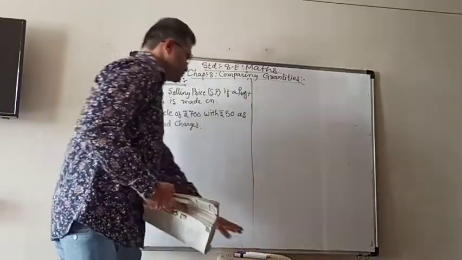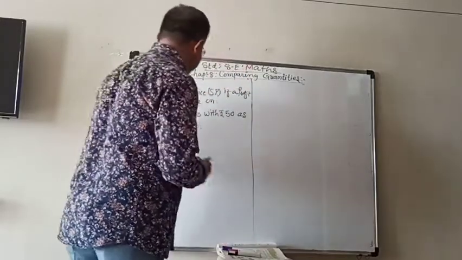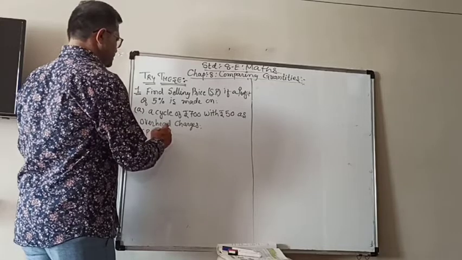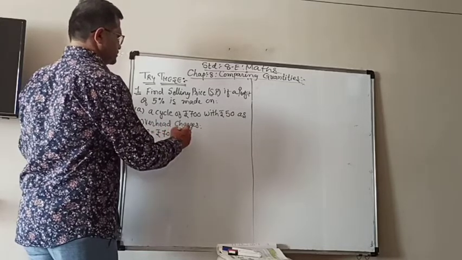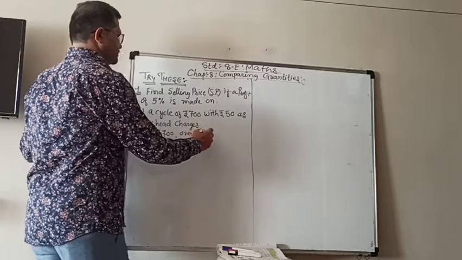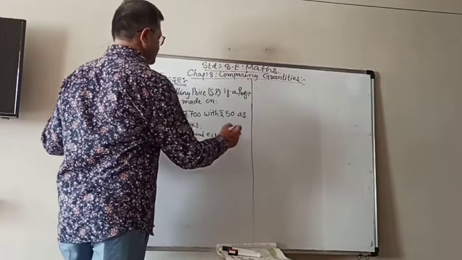So here the cycle of rupees 700 means CP is rupees 700 and overhead expense is rupees 50.